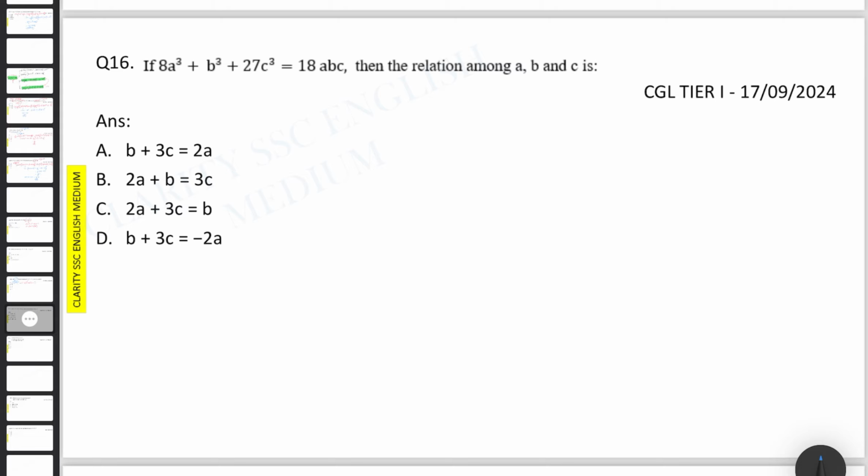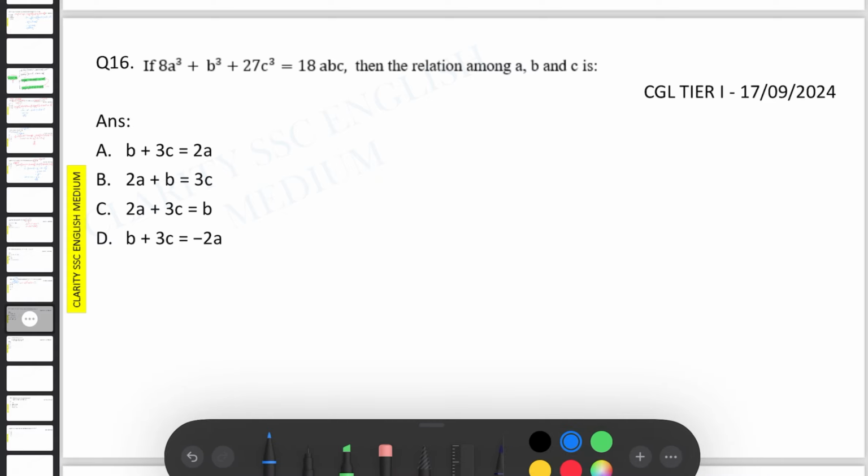Question number 16 says, if 8a cube plus b cube plus 27c cube is equal to 18abc, then the relation among a, b and c is? Let's try to see this.